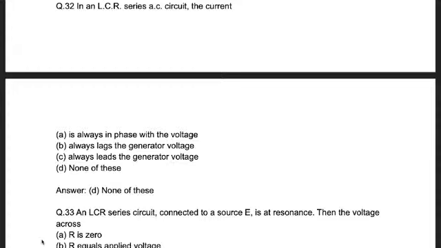Question number 33. An LCR series circuit connected to a source E is at resonance, then the voltage across A. R is 0, B. R equals applied voltage, C. C is 0, D. L equals applied voltage.